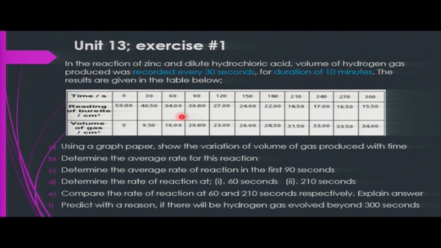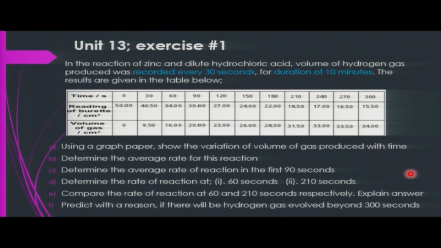So this exercise still is about the reaction of zinc and hydrochloric acid, whereby the production of hydrogen gas was recorded every 30 seconds for the duration of 10 minutes. So you have 0 to 300 seconds, and this is the volume.